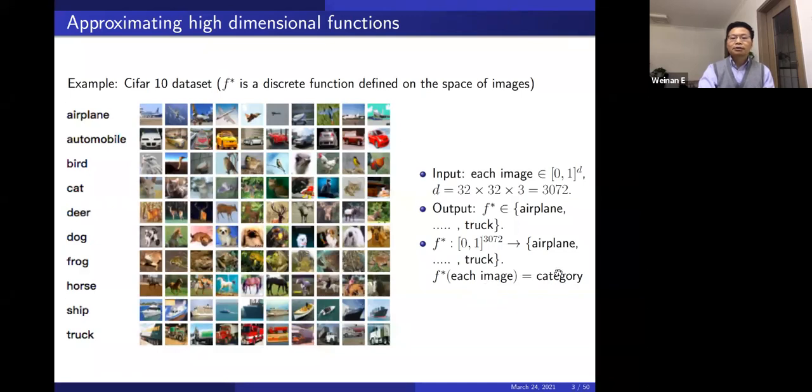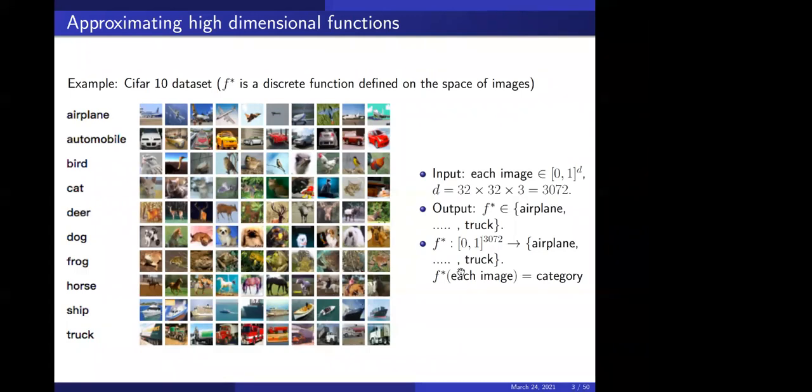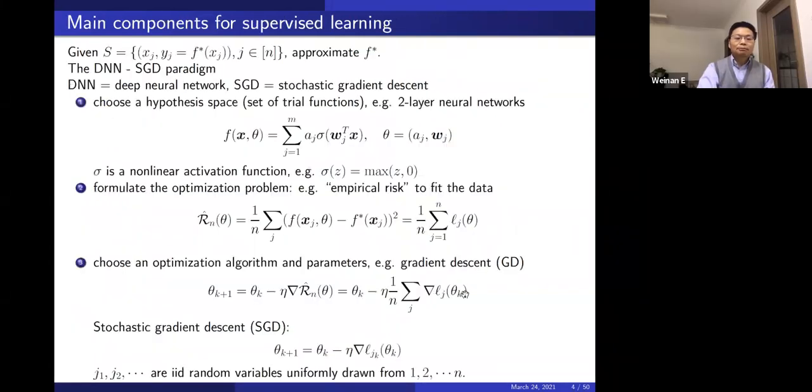This is a discrete-valued function because f star only takes 10 values, and it's defined on a high-dimensional space because each image can be viewed as a point in a 32 by 32 by 3 dimensional space. 32 by 32 is the number of pixels of the image, and 3 is the dimensionality of the color. We have color images, so that's a 3072-dimensional space. So we are approximating a function in a 3072-dimensional space. This is a typical example of the kind of issues we deal with in machine learning.